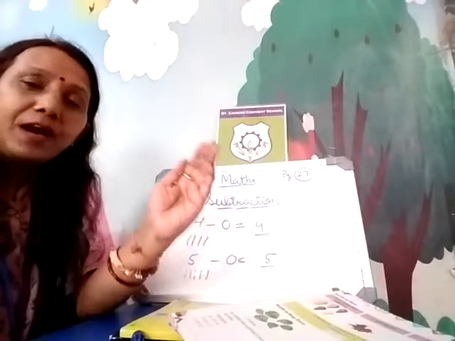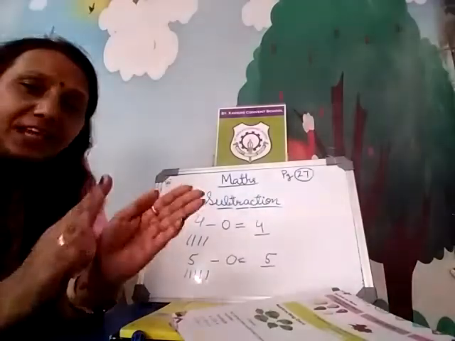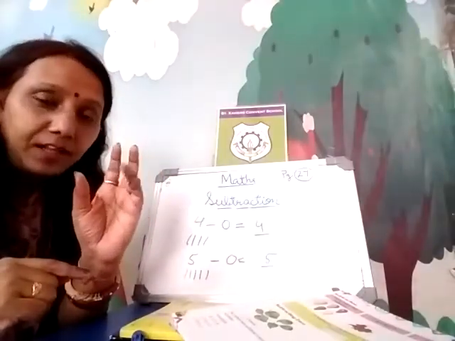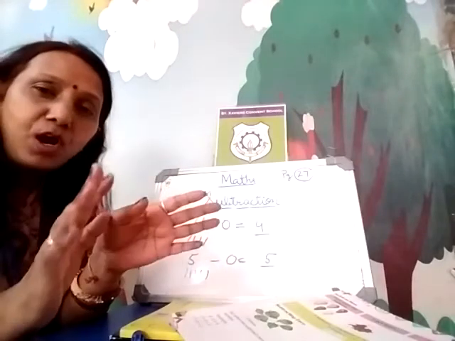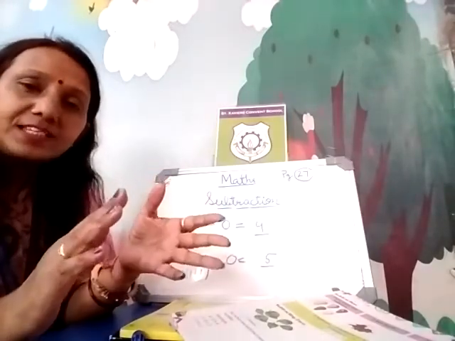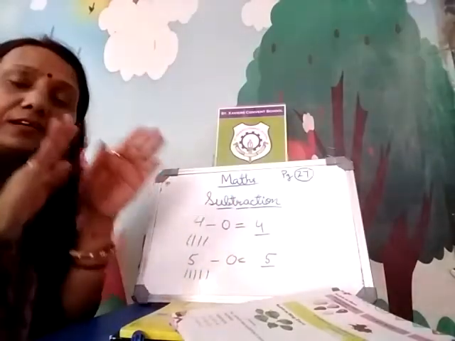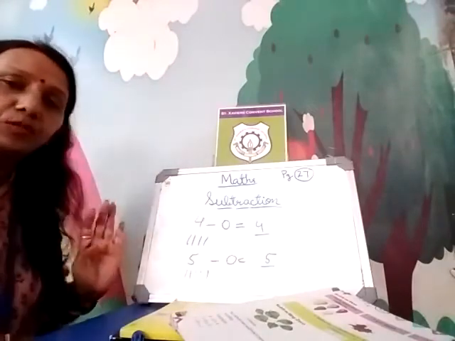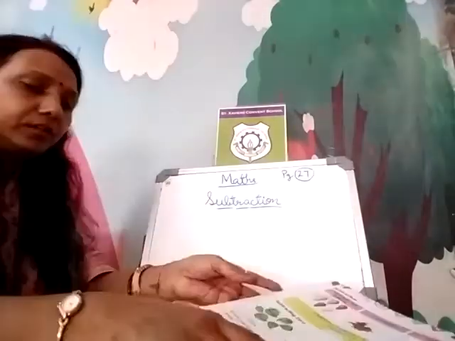So when we minus 0 from any digit, it means nothing, and the digit stays the same. Having 10 toffees, 10 books, 10 dresses, 10 toys, and minus 0 means you cut nothing, and still 10 is there with you. It can happen with any digit, okay?